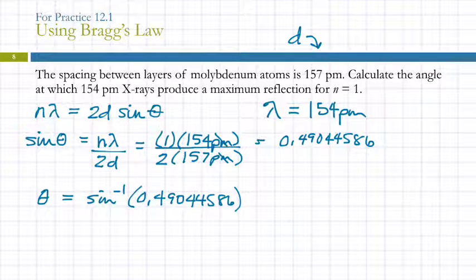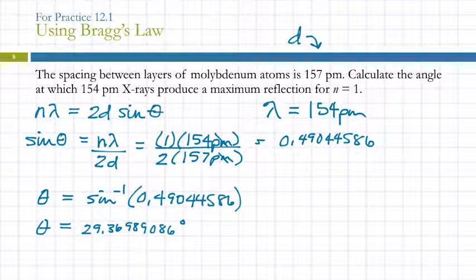So my calculator has a button for that. So put that in there. And I come up with theta equals, and of course I've got all these digits, right? Angles are measured in degrees, so it's that many degrees.